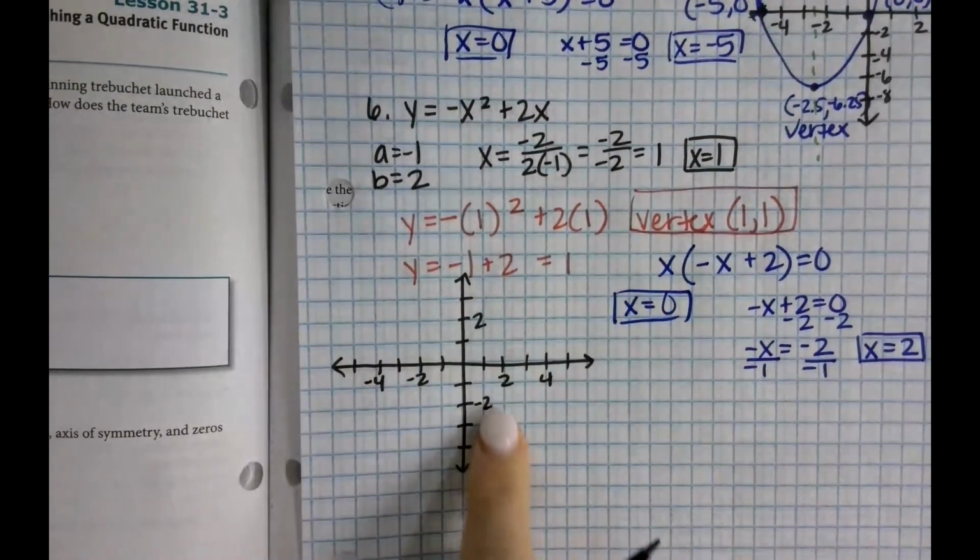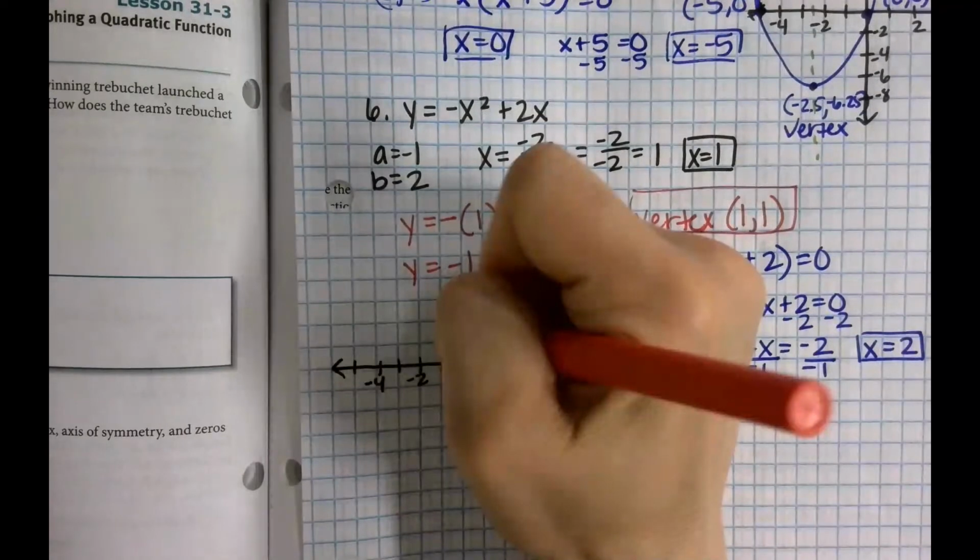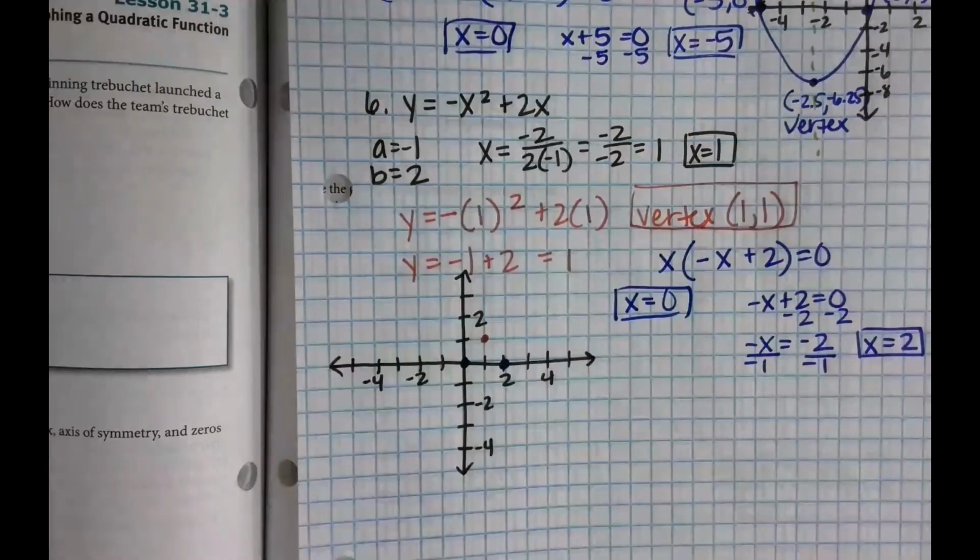Then I just label every other number just to spread it out so it's not so cramped in. Okay, so now 1, 1, and then my x-intercepts are at 0, 0, and 2, 0. Different color here.